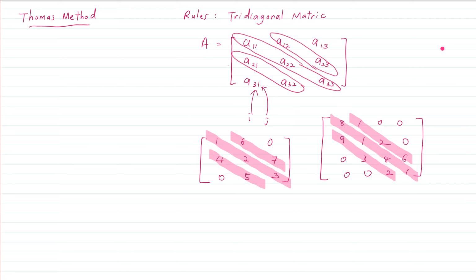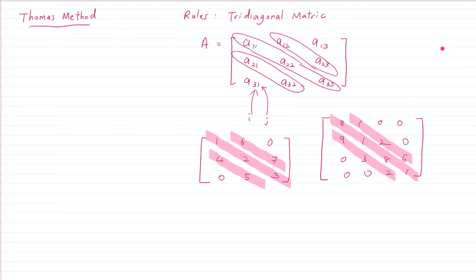Then the rules for the Thomas method, you can also refer to page 39, at the bottom, number 3, Thomas method where the diagonal of matrix U is 1. So for the Thomas method, the diagonal of matrix U is 1. What does it mean by that statement?